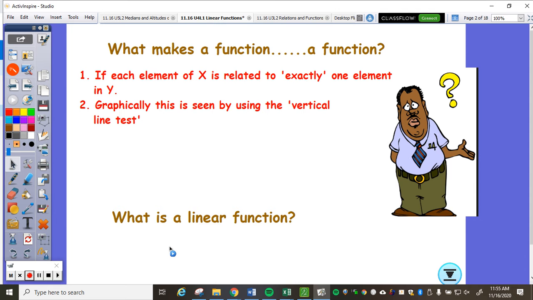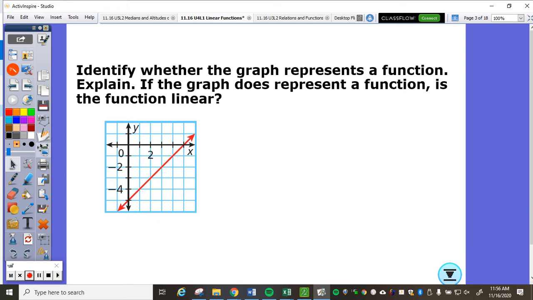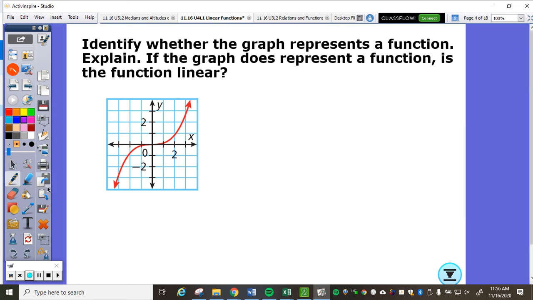What makes it linear? Put it on the graph. Okay? All right, good. So, is this a function? Yes. Is it a linear function? Yes. Okay. Is this a function?